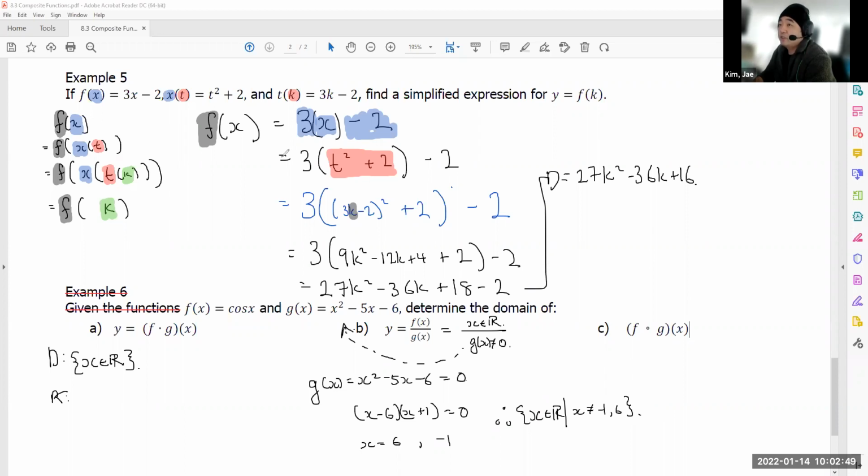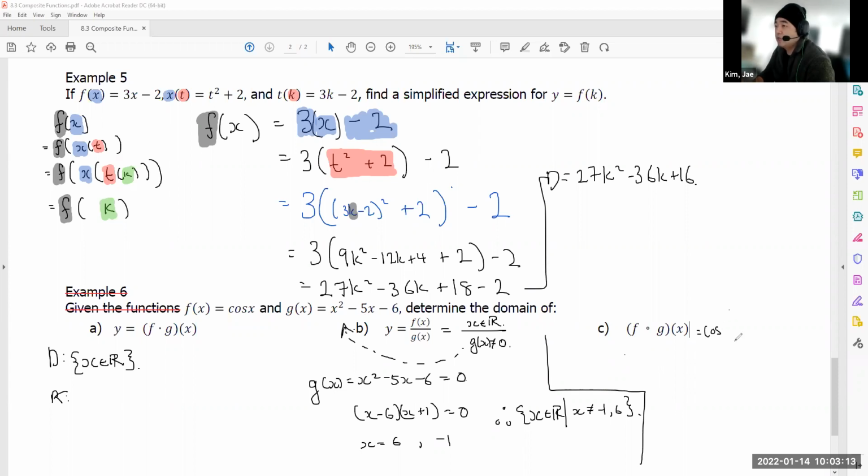I did the first two relatively quickly because the third one is a little bit more time consuming. Let's see. If you have a parabola inside a sinusoidal function, let's see what this turns into.